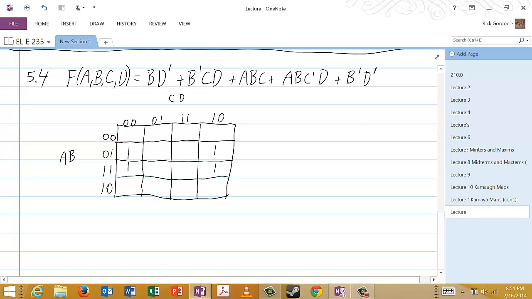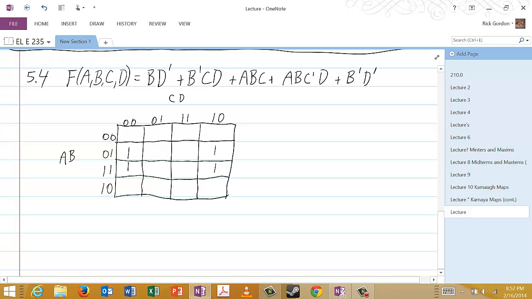And this term that we just did that had just 2 variables in it was represented by 4 1 cells. So as we noted before, the smaller the term is in terms of the number of variables, the bigger it is on the Karnaugh map, the more 1 cells it has. So just keep that in mind. It's a useful observation. So we go to this next one, and according to the observation we just made, this should correspond to 2 cells on the Karnaugh map, and let's see if that's correct.